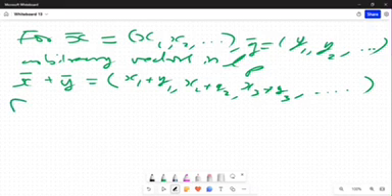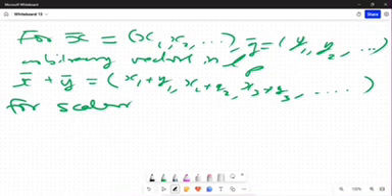And also scalar multiplication. Because this is a vector space, you define it over a field. For an arbitrary scalar lambda, you define scalar multiplication as follows.